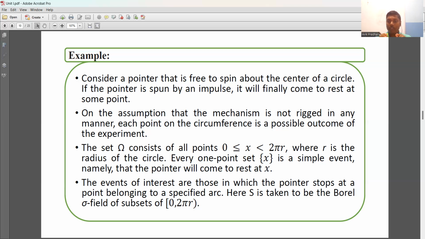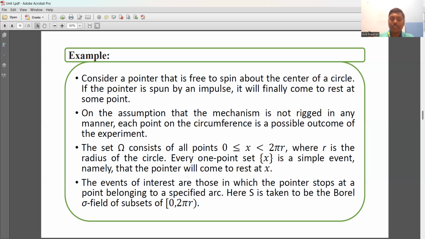The events of interest are those in which the pointer stops at a point belonging to the specified arc. That means it will stop somewhere on the arc.